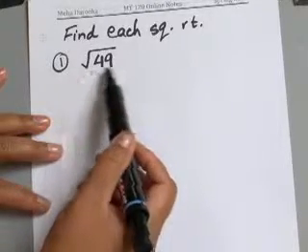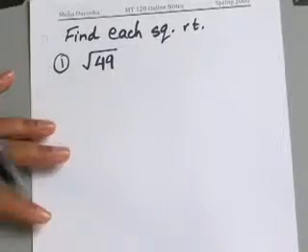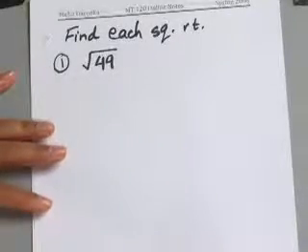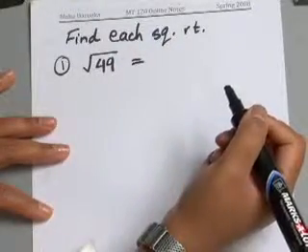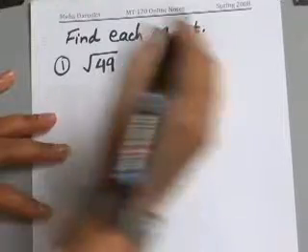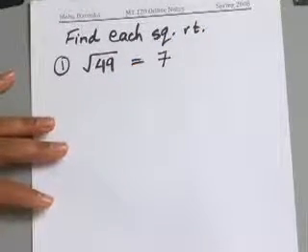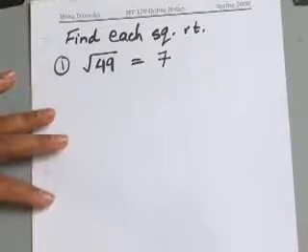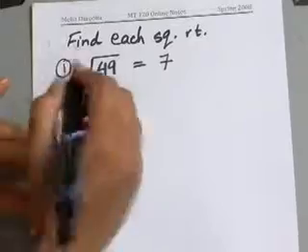So that means you're trying to find only the positive root. So what do you think the square root of 49 should be? In terms of a positive square root, you will see that 7 times 7 gives you 49. So your positive square root will be 7. If they had asked us to find the negative square root, then this answer would have been negative 7.